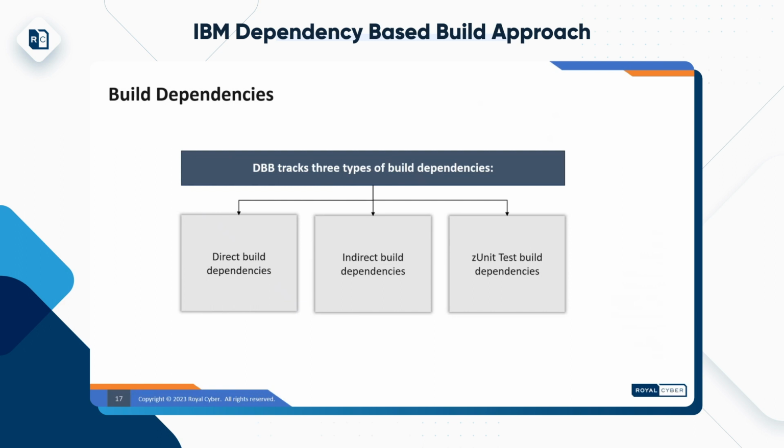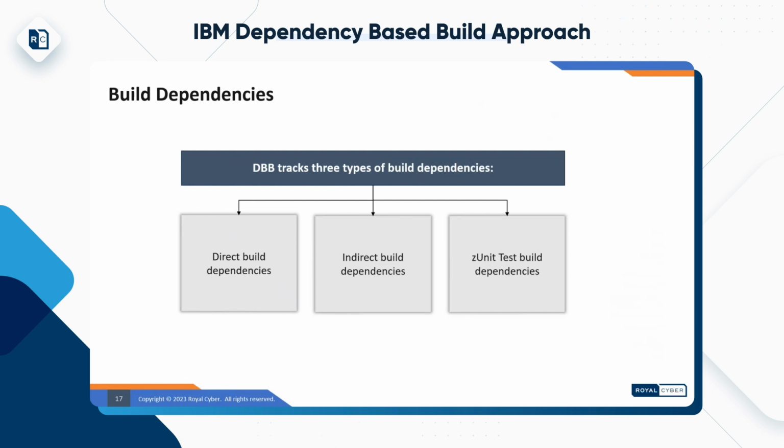Here the zUnit test configuration dependency scanner is configured, which helps you automatically create the relationship between your z/OS source program, the test program, and the playback data file. The test program and playback data file are part of zUnit test, and the z/OS source program is your application code.